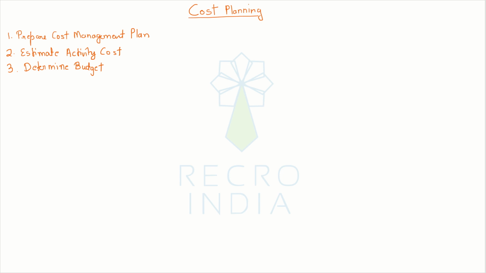And then we want to aggregate all of these activity costs plus other types of costs to determine our budget. So today, the first thing that we are going to discuss is understanding the components of the cost management plan.